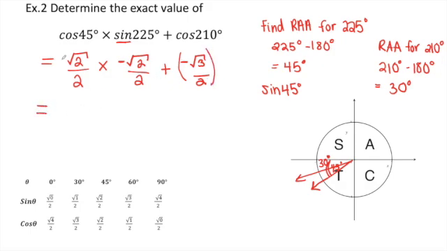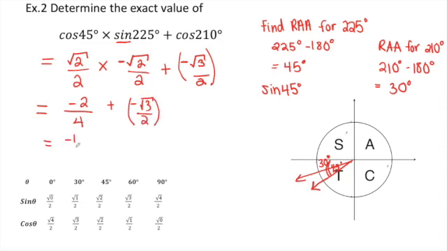Okay, so now you're going to follow BEDMAS, do our multiplication first. So you're going to do root 2 times negative root 2. So that's actually just negative 2. And then 2 times 2 on the bottom, which there is 4. And then we're going to add negative root 3 all over 2.